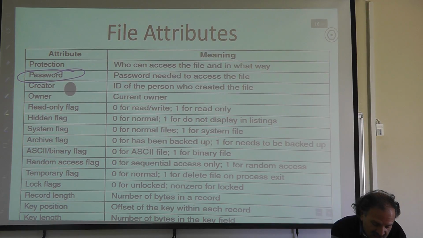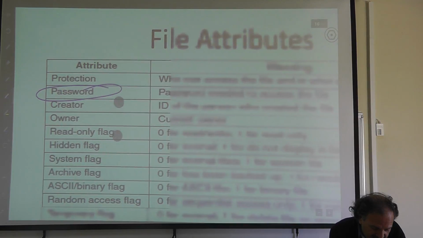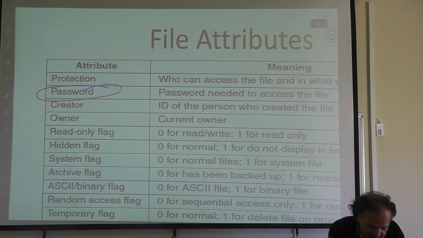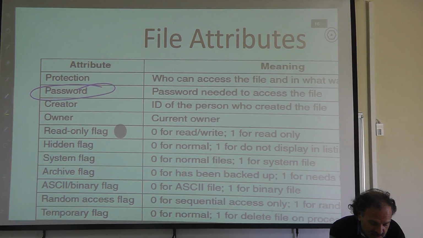The creator ID of the file and the owner: usually these two are the same for most operating systems, but some operating systems can define them differently. Read-only flag: can I read and write, or read-only?